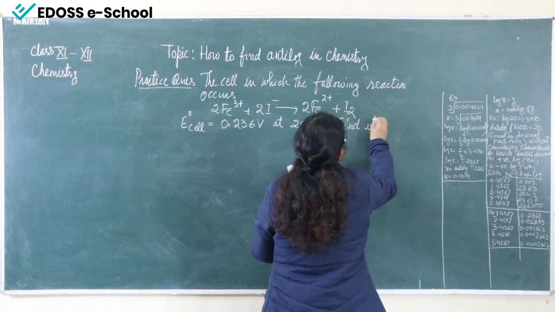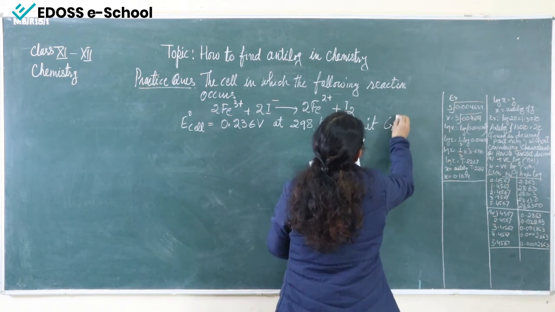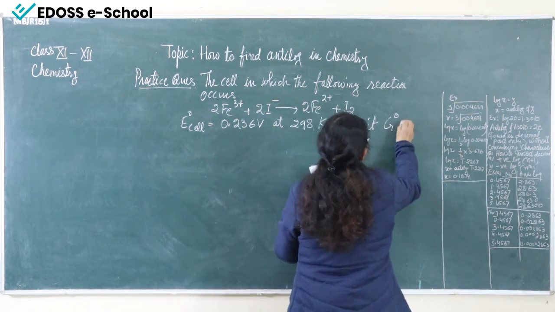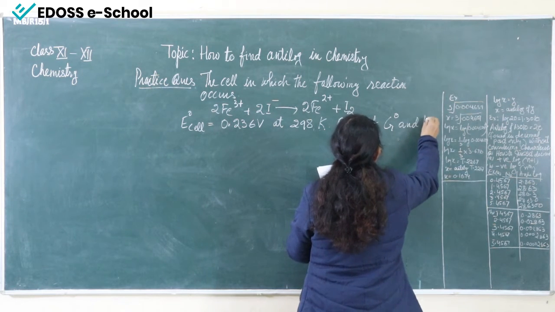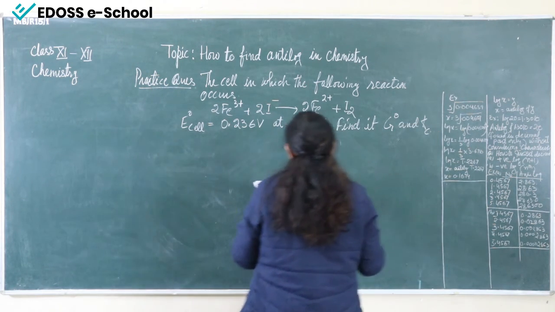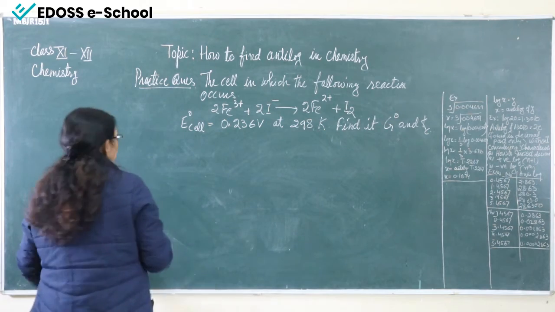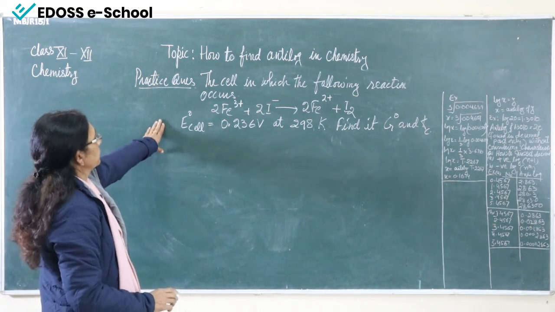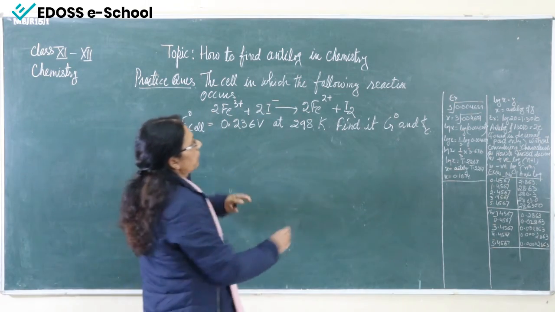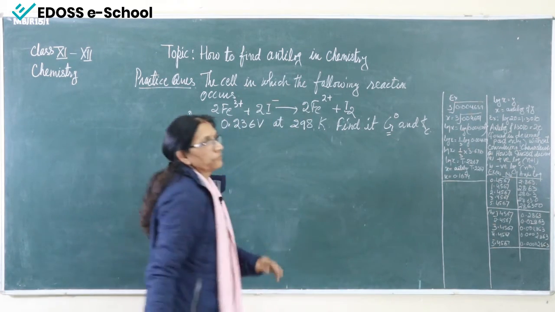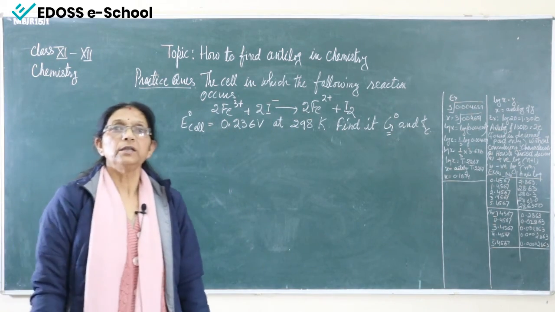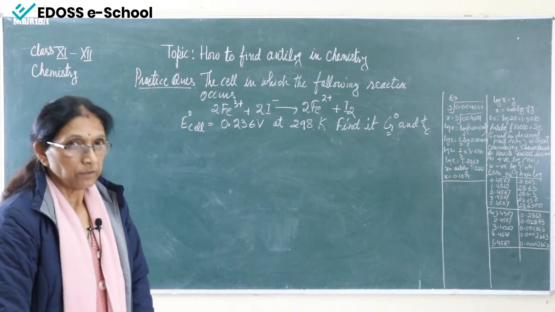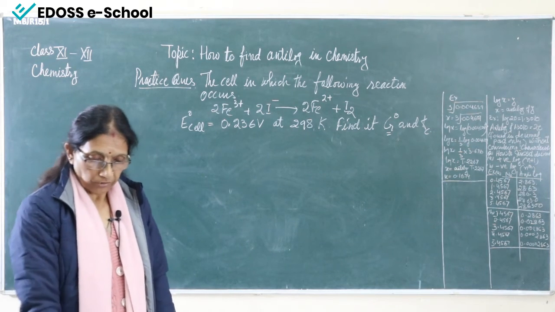Find its G naught and Kc. Okay, this is our question. Now, you can see here, this is the question. So, in this question, you have to find Gibbs energy and you have to find Kc. Kc means equilibrium constant you have to find.